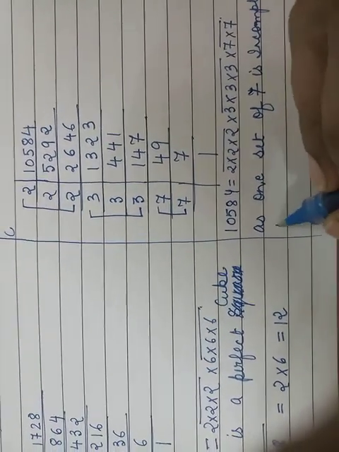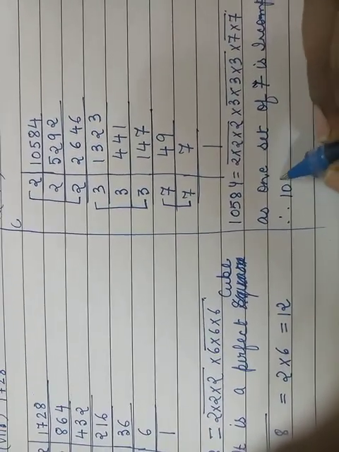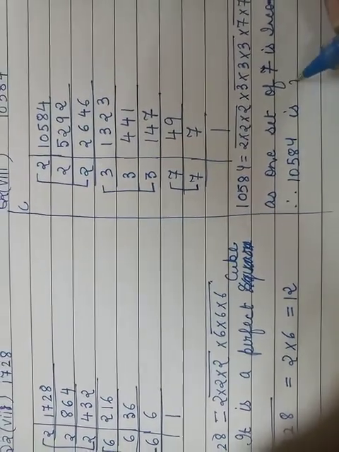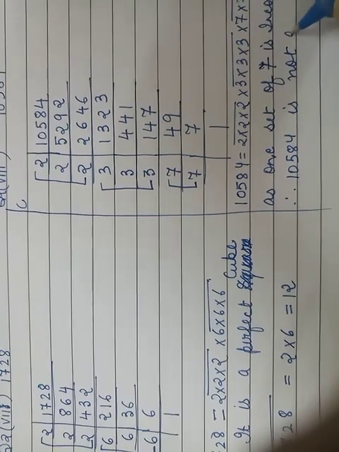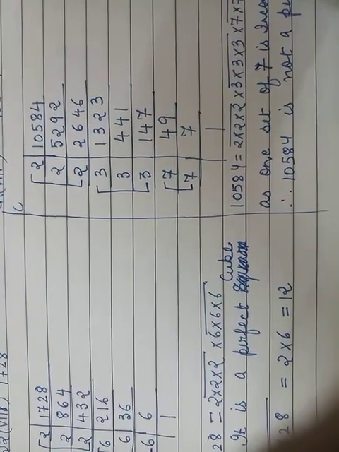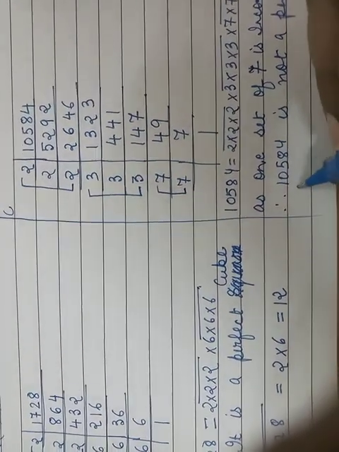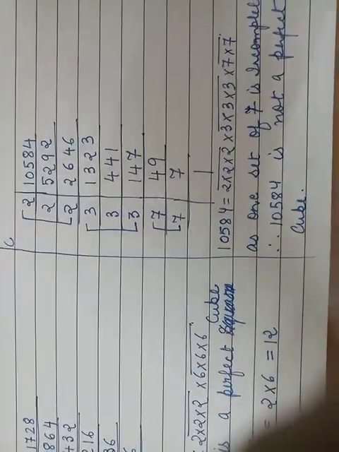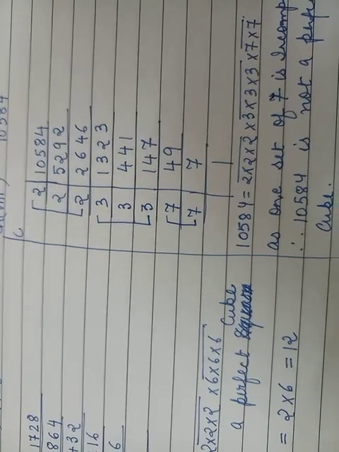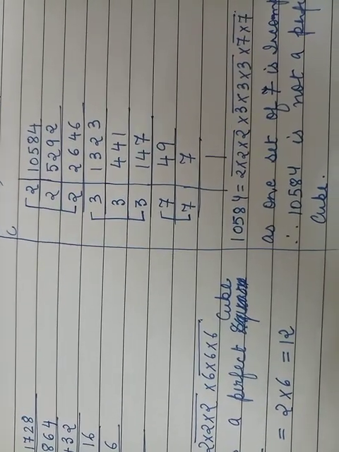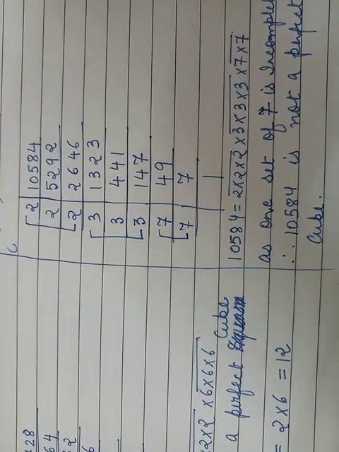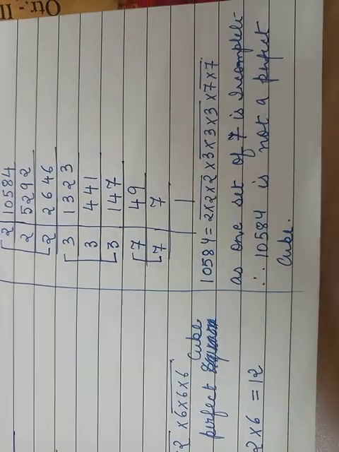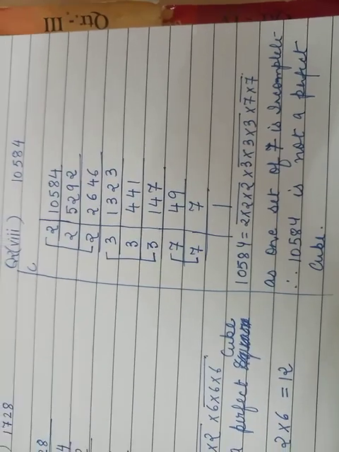Therefore, 10584 is not a perfect cube. Okay, children, see, for a perfect cube, each set should have the same number thrice, but 7 is available only 2 times. Therefore, it is not a perfect cube.